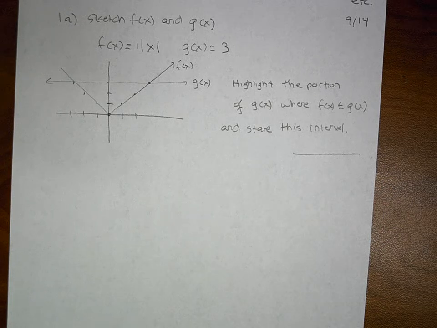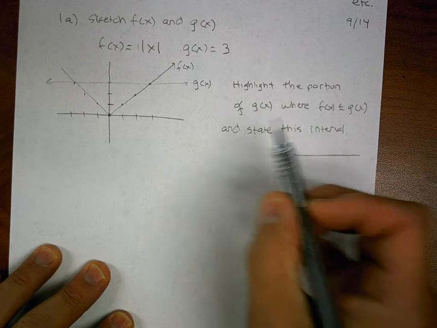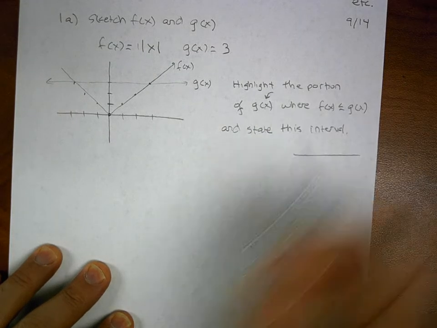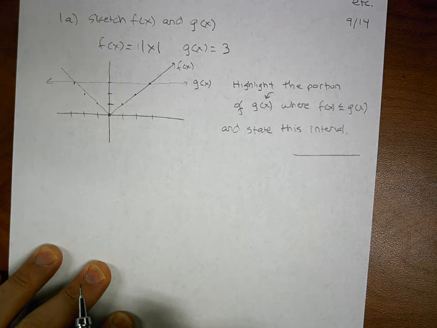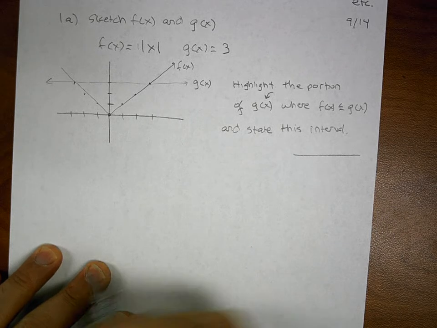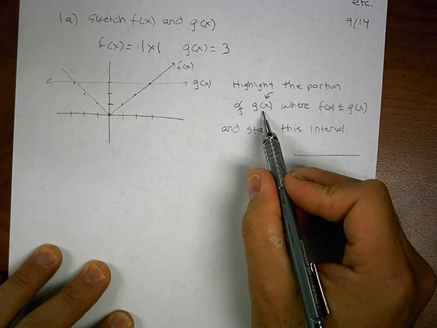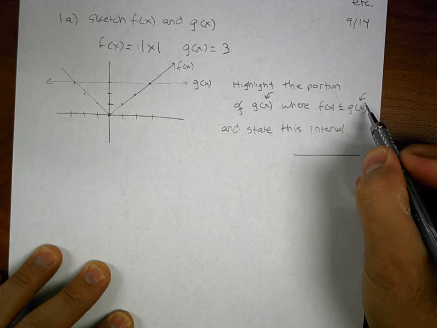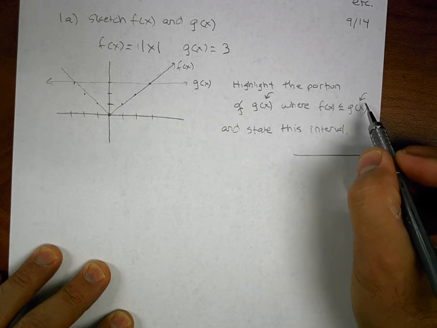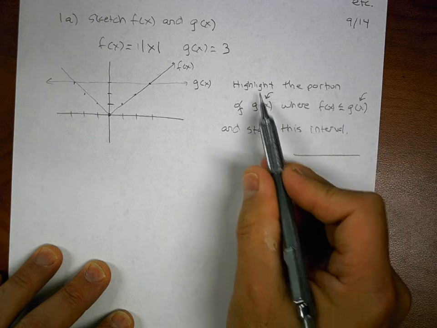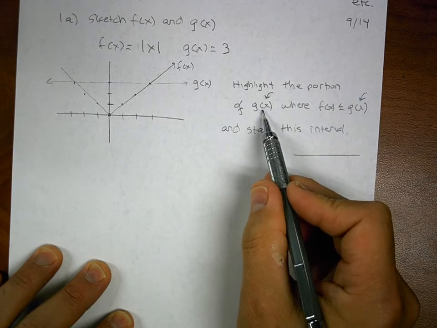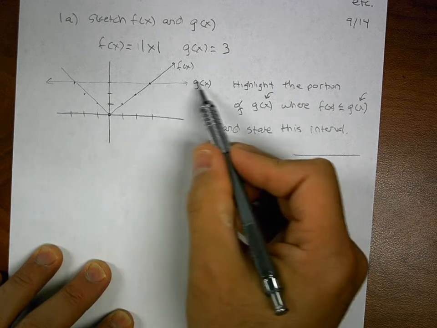Okay, so it says highlight the portion of g of x. So we're focusing on g of x, so I'll put a little arrow pointing right to g of x. You'll see why in a second. I'm going to go over to g of x over here and put an arrow to g of x there. So we're going to shade the portion on g of x, somewhere along this graph right there.